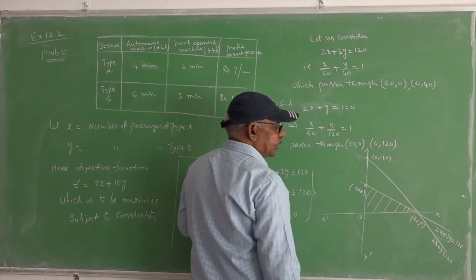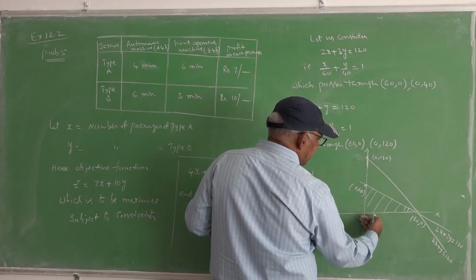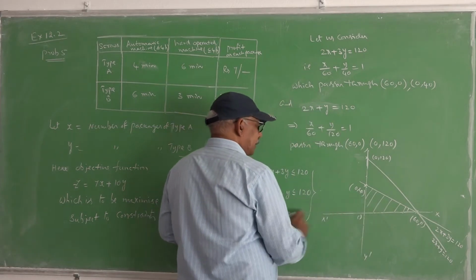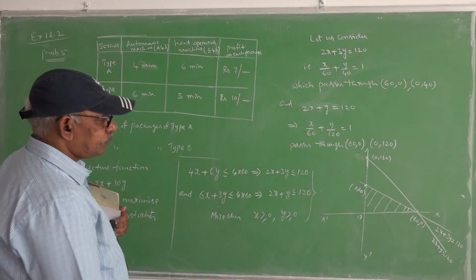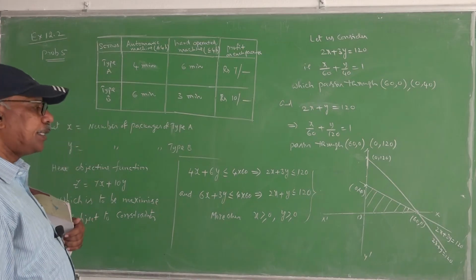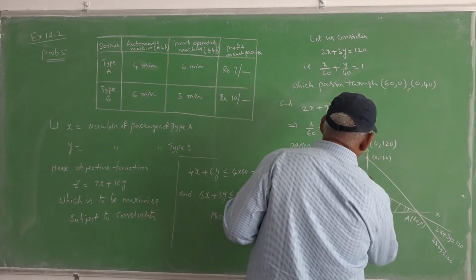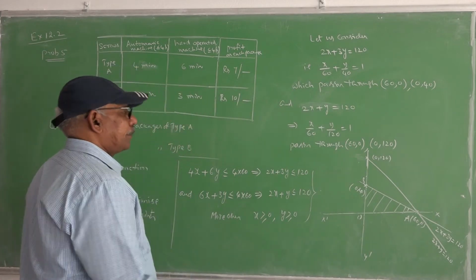This is the feasible region, because taking below both lines, the common region is this. Moreover, in this region, x and y are non-negative. So the required region is bounded by O, A, B, O. So the feasible region is OAB.